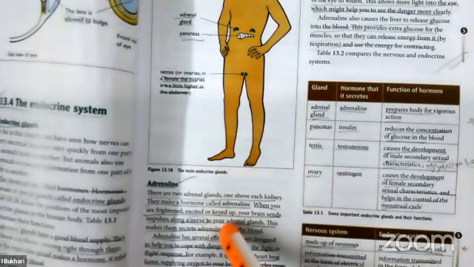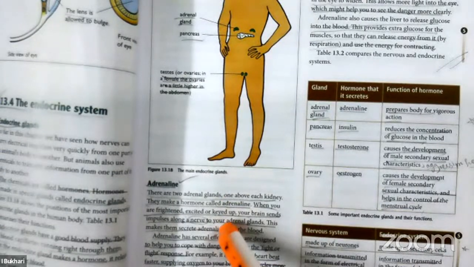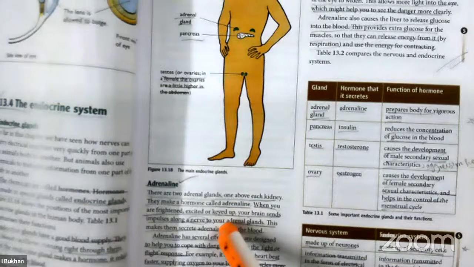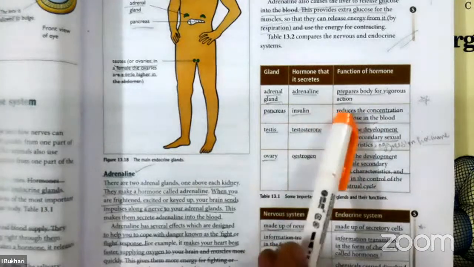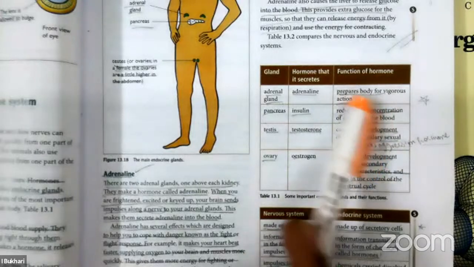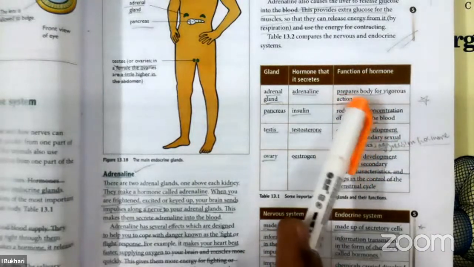Adrenaline is released from the adrenal gland, and that is preparing you for the fight and flight mechanism. Is that clear? Yes, sir. Okay. This one, I think you can remember, they are preparing the body for the fight and flight mechanism, for rigorous activities, also rigorous action. I told you, running, jumping.